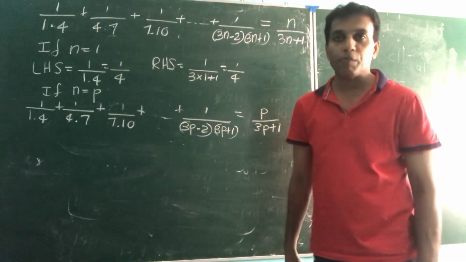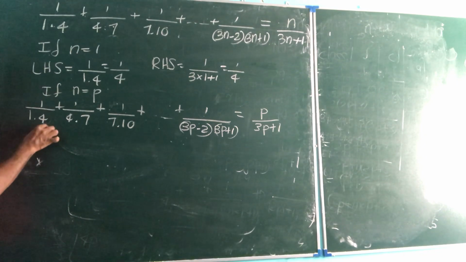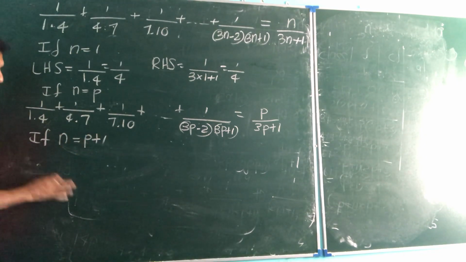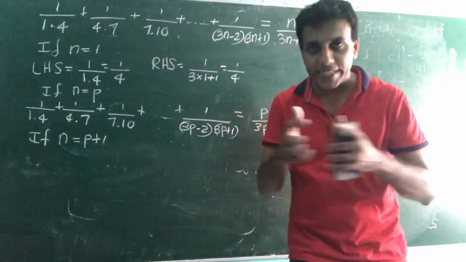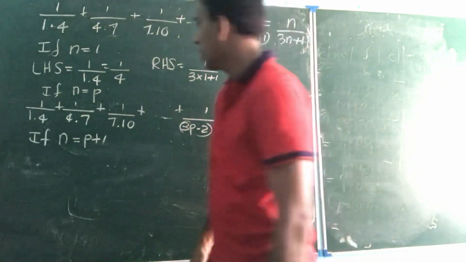Next we write p plus 1. If n equal p plus 1, that means up to p terms and write the other term, the p plus 1's term, right?